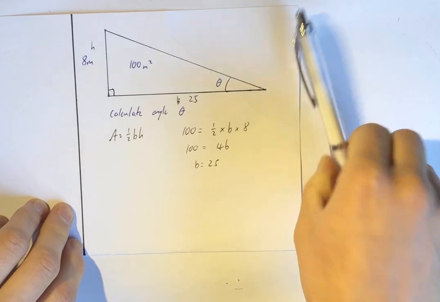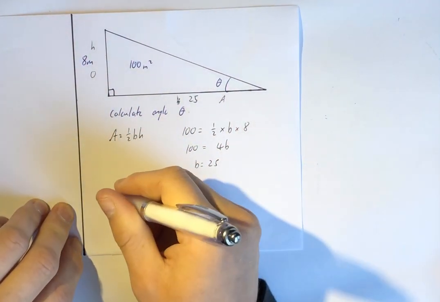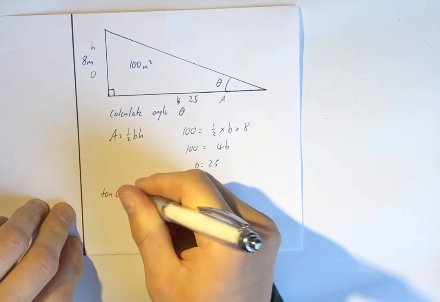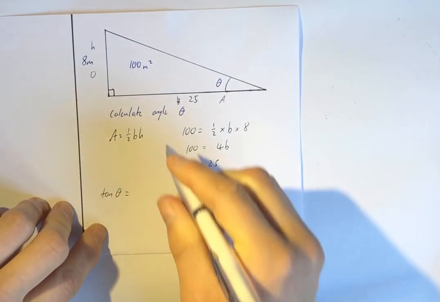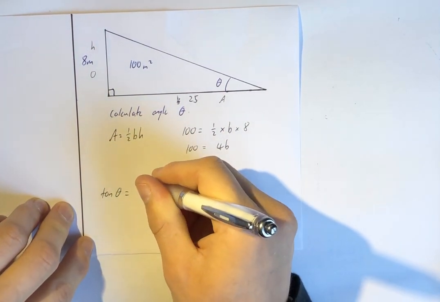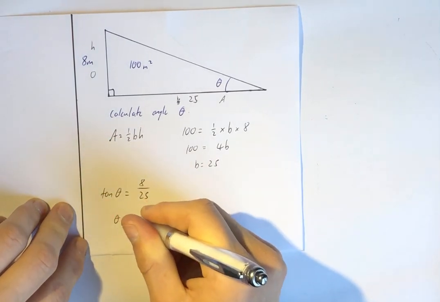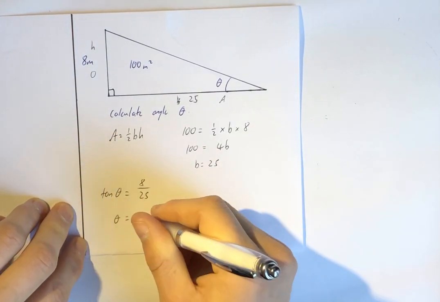So we're going to label O and A, and that means that if I took tan of that angle theta, that's going to be equal to the opposite over the adjacent. So 8 over 25. If I want an angle, I take the tan inverse of both sides.